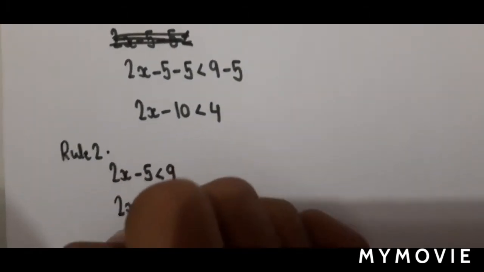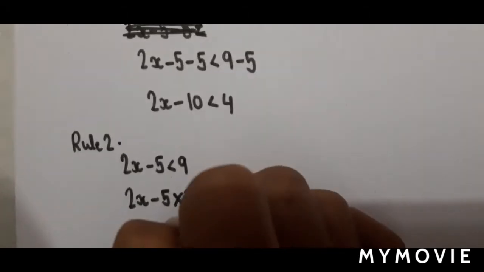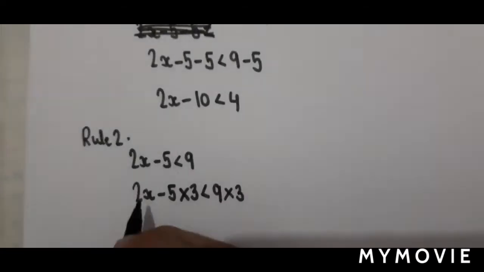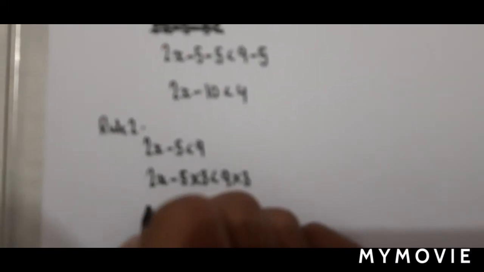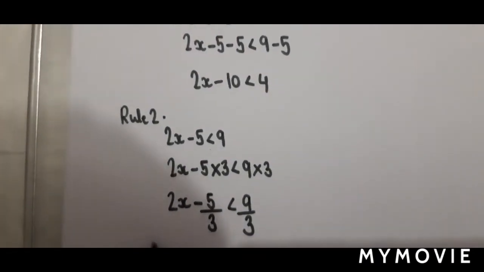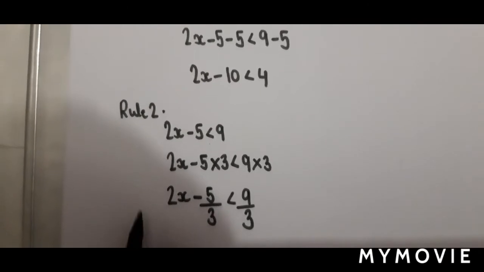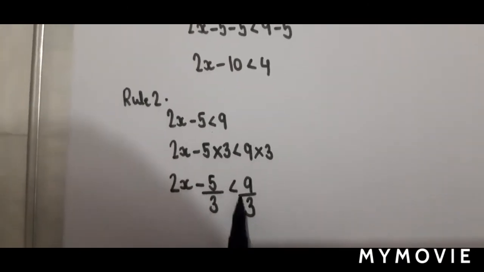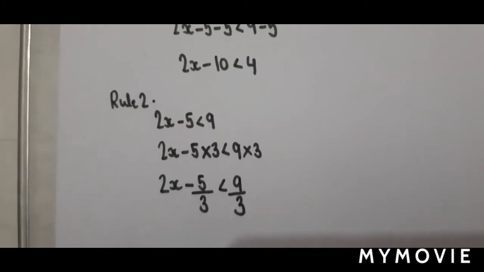See, if I multiply it with positive 3, there will be no change to this symbol. If I divide any number on both sides, there will be no change in the sign. If I divide by a positive number.